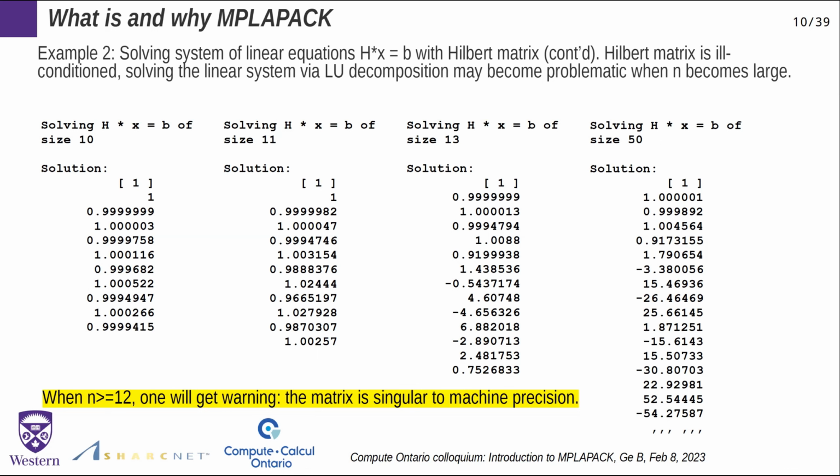And here we show the results of solutions for different sizes, sizes 10, 11, 13, and 50. And as we can see, when the size is greater than 12, one starts getting a warning. If you want to solve this in MATLAB, the matrix is singular to machine precision. So we will come back to this later.